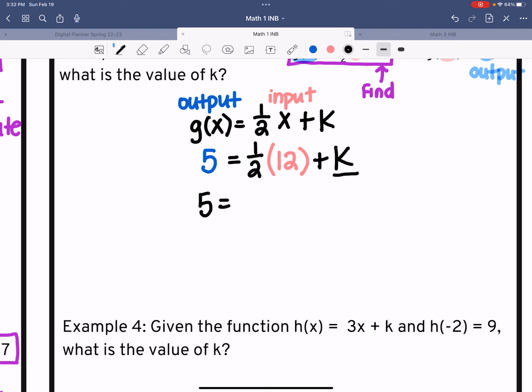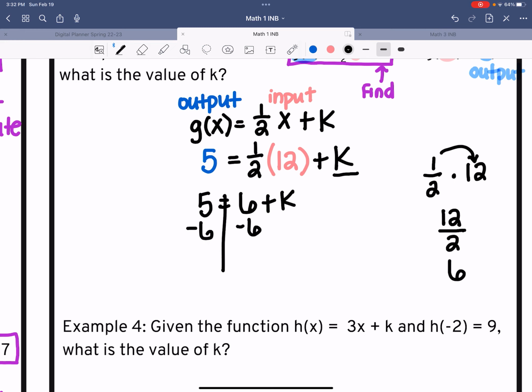We have 1/2 of 12. So 1/2 of 12 is 6, but if you need to do it further, you say 1 times 12 is 12, and then that's divided by 2, which is 6. So this is going to be 6 plus k. And then we just solve for k. We subtract 6, and we get that k equals -1. So our final answer for k is -1.